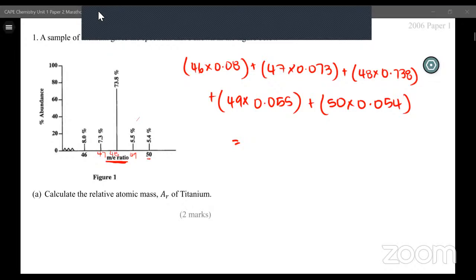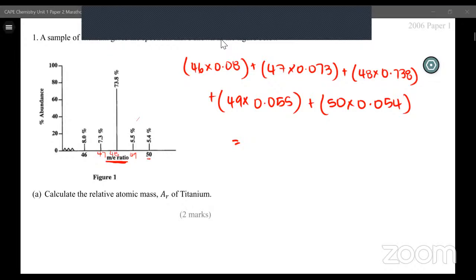I was at 0.738 plus 49 multiplied by 0.055 plus 50 times 0.054.